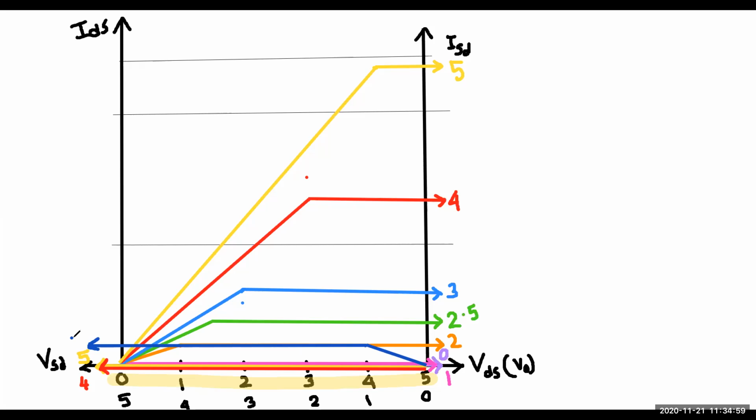Input is 3. Okay. For the next one, 2.5, right? Yes. From 1 to 2, you have how much? 33.5 maybe. Yes. Okay, this one. So let's draw the line.